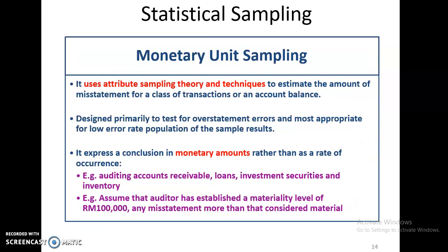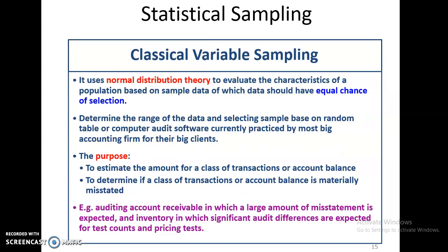While in monetary unit sampling, we are looking at the amount of the item. Let's say we're auditing accounts receivable, and we set the materiality level at 5,000, so we are going to take only samples amounting to more than 5,000. The last one is classical variable sampling. This is using the normal distribution theory.